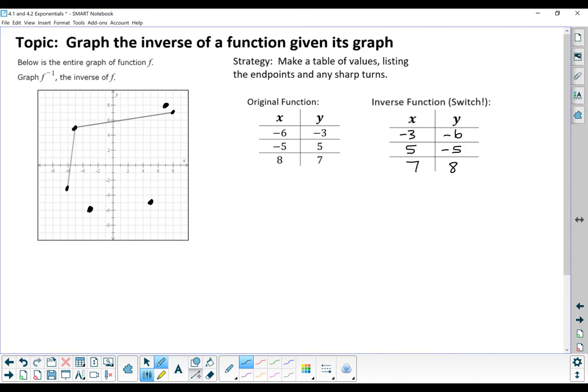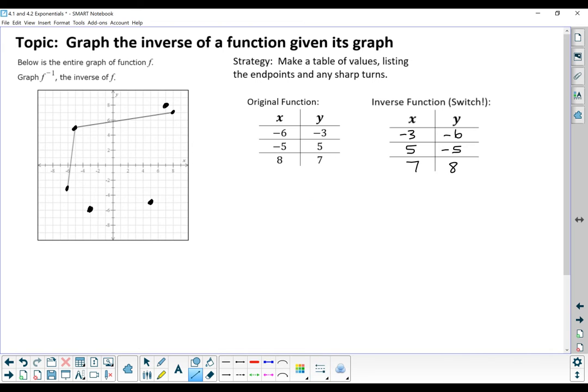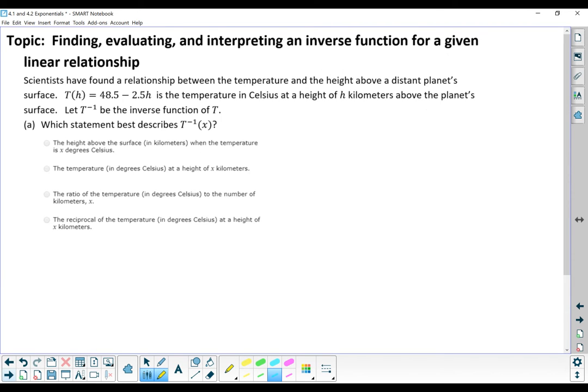So if you graph those, you should see that symmetry that we talked about. If you look at the line y equals x, that diagonal line, you should see that the inverse that you graphed is a reflection of that original function. So I would check for that symmetry before you hit submit.